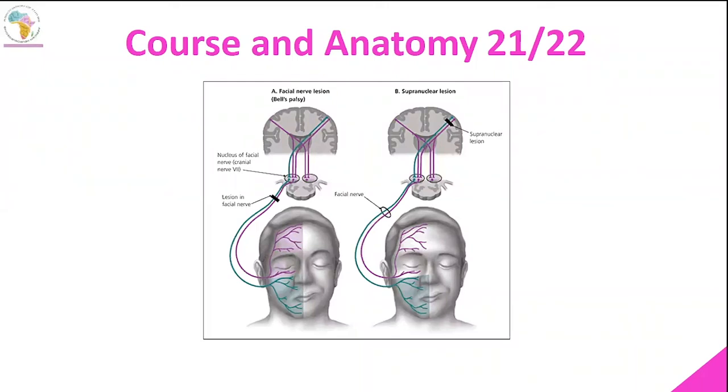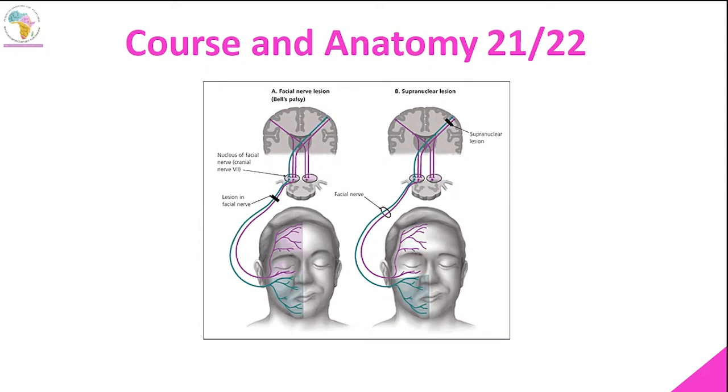Just check the diagram. From one side, there's 50% of fibers going to the contralateral nucleus and 50% going to the ipsilateral nucleus, which means those fibers are going to the upper part. When they are affected, both sides are affected but weak, because the other side is compensating.